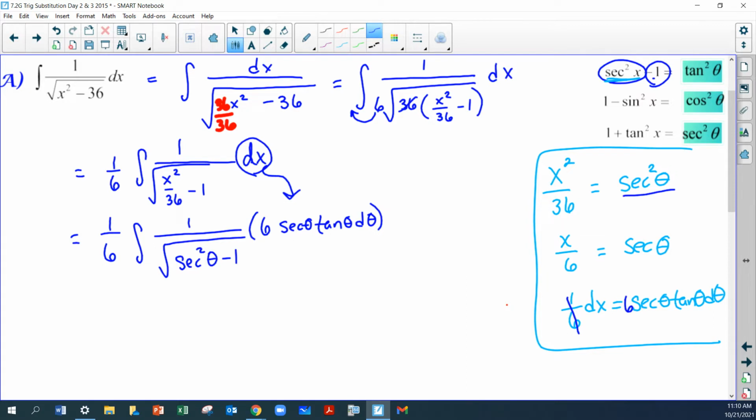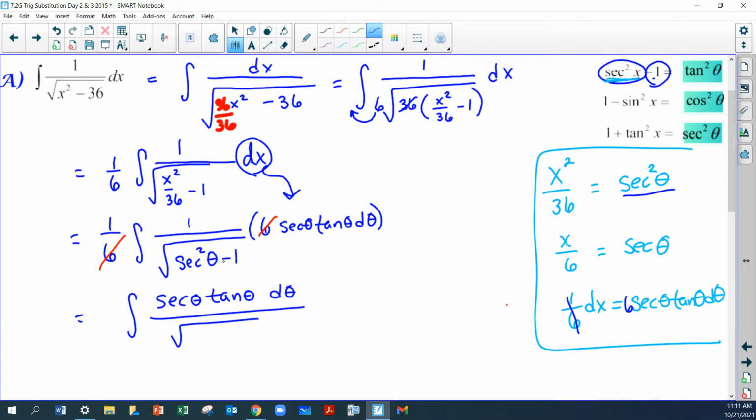Got it? Now you can see that the 6 over the 1/6 will multiply to give us 1. What is the square root of secant squared minus 1? Well, I'm going to go ahead and write the secant theta tan theta d theta on top over the square root.